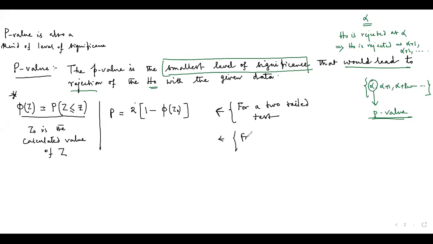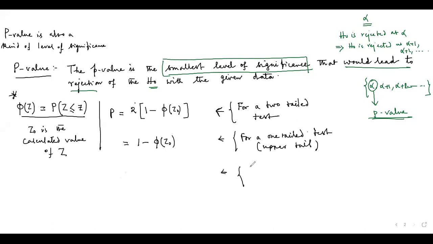For a one-tailed test, if you are interested in the upper tail or right-hand tail, whatever you call it, the formula of p-value will be 1 minus phi of z naught.